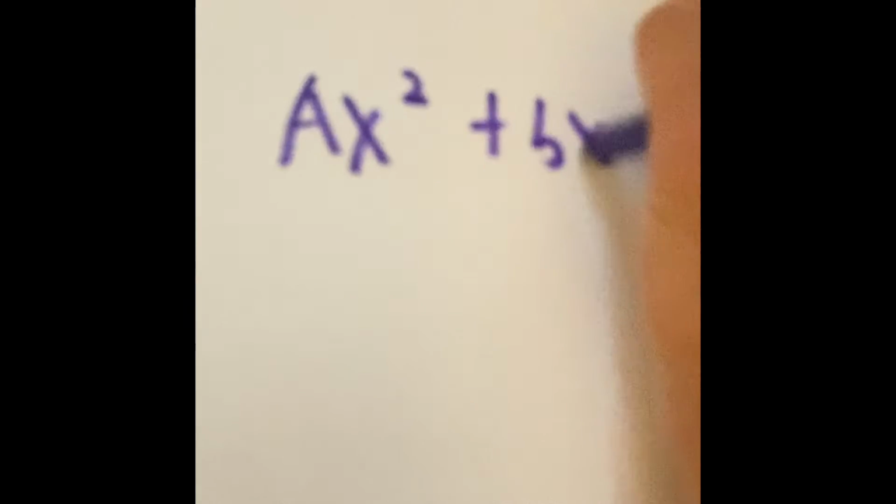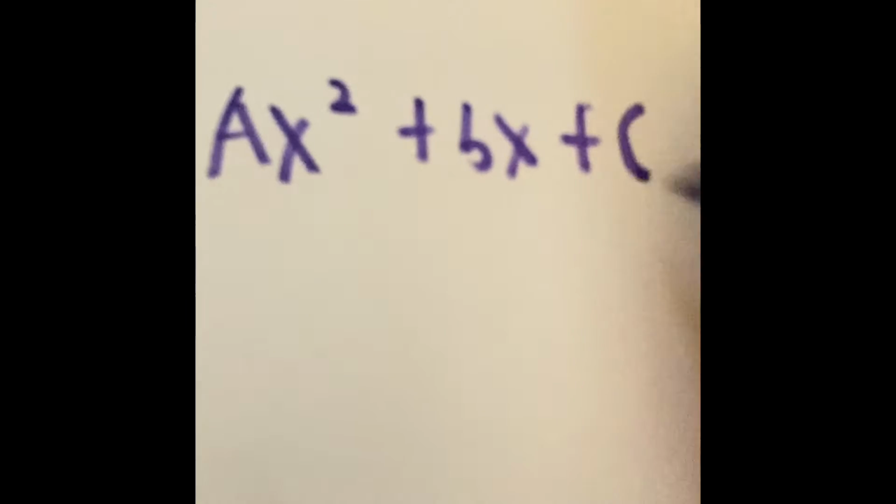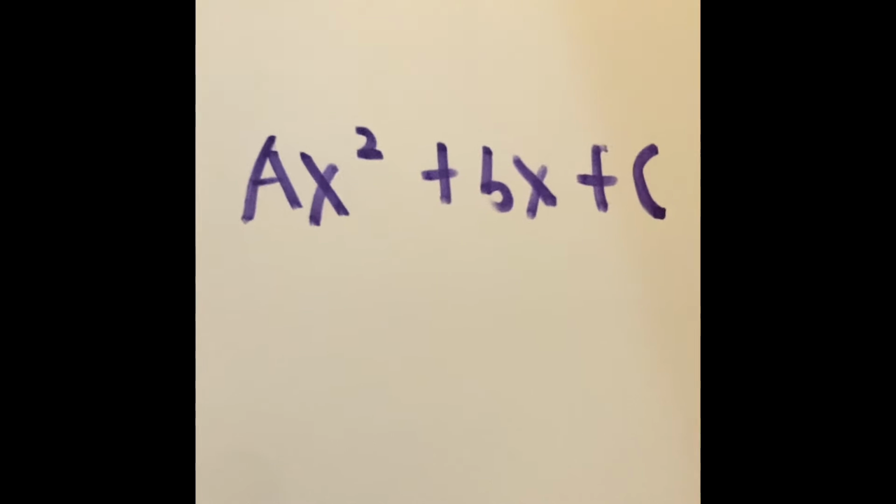Going back to algebra, the formula for a parabola was ax squared plus bx plus c. This is the standard formula for finding what the parabola looks like on a graph.